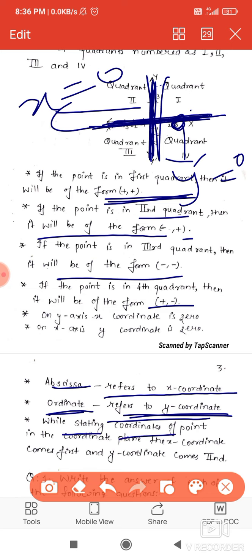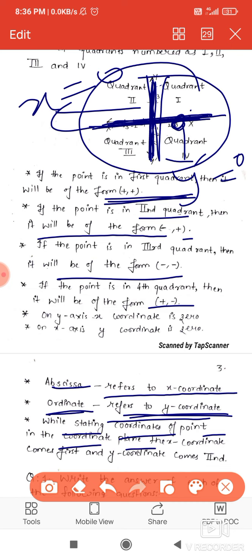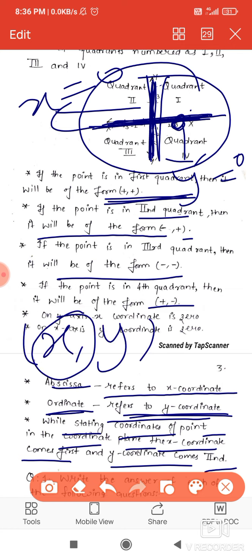While stating the coordinates of a point in the coordinate plane, this Cartesian plane, you have to write the x coordinate first and then the y coordinate in the second position. Whether x is positive or negative, you write it at the first point, and then you write the position of y at the second point. Fine. I hope you have understood the basics of this exercise 3.2. We have discussed it in the class also.